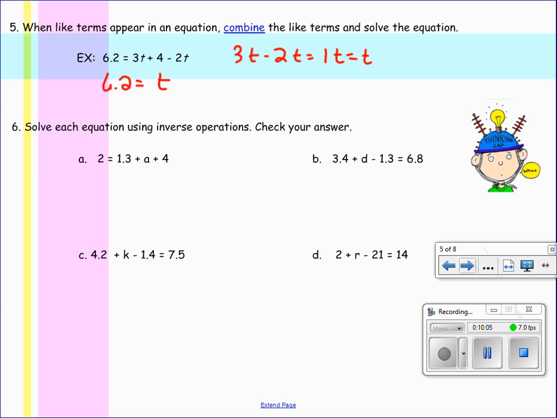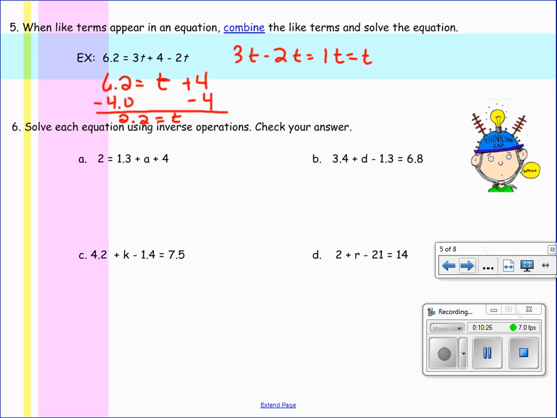So now we have t plus 4, then we'll subtract 4 from each side to isolate the variable. Now we have 2 and 2/10 is equal to t.